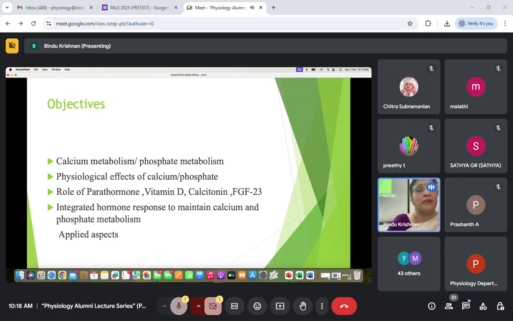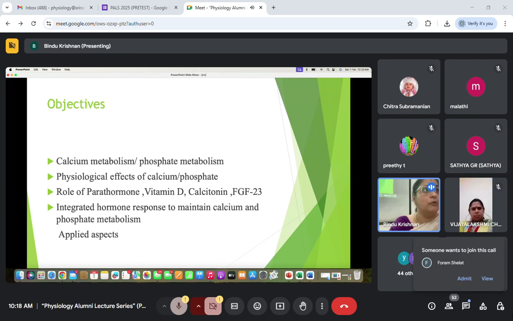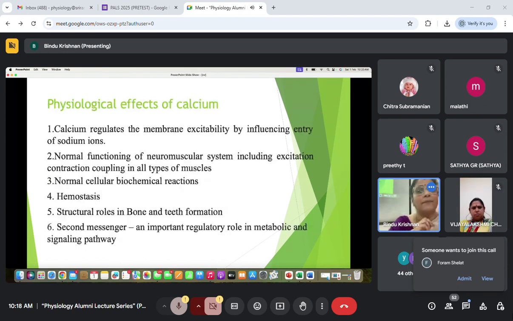So the objectives will be the metabolism of calcium and phosphate, the physiological effects of both, the hormones, role of parathormone, vitamin D, calcitonin, and a little bit on this new fibroblast growth factor 23. And finally, the integrated hormone response to maintain both calcium as well as phosphate metabolism, and few slides on the applied aspects.